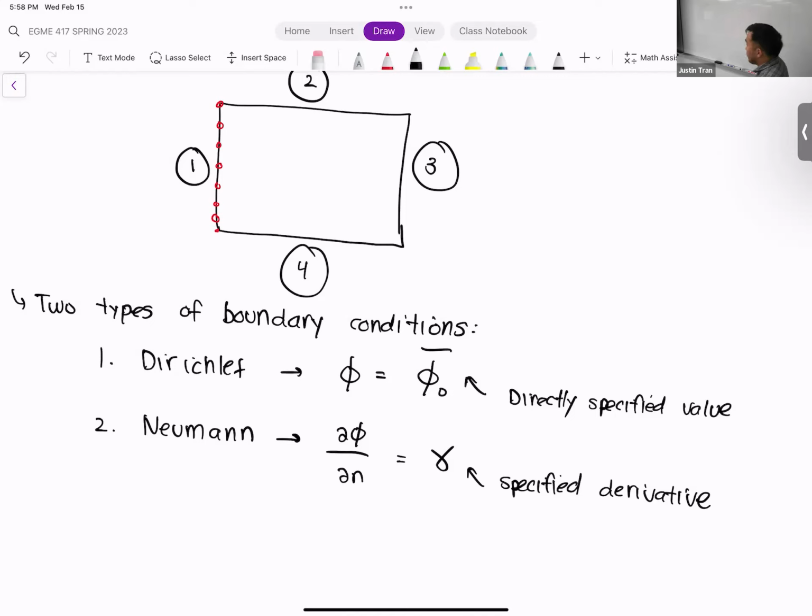If you'll notice, in my formulation for the Neumann boundary condition, I took the derivative with respect to n. Here n stands for the normal vector, and we'll go over that once we talk about it a bit. But because we're in 2 dimensions, you have to be clear about which direction the derivative is being taken.